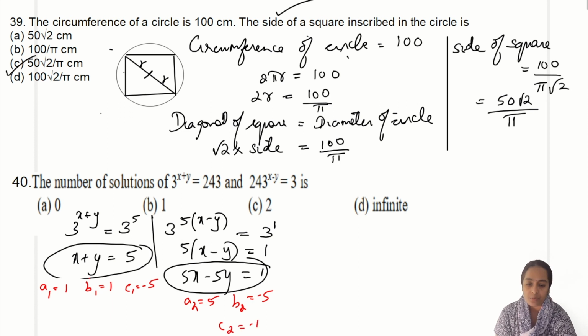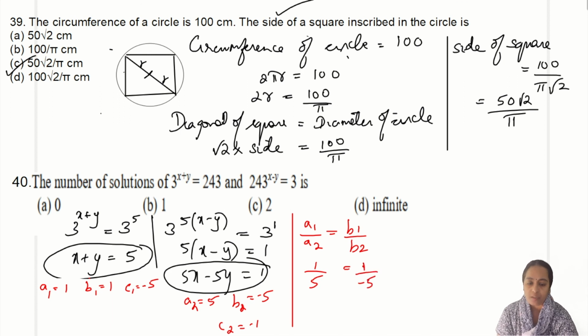Now I will use the conditions of the pair of linear equations. So I have a1 by a2 and b1 by b2. a1 by a2 is 1 divided by 5. b1 by b2 is 1 divided by minus 5. Is it equal, children?